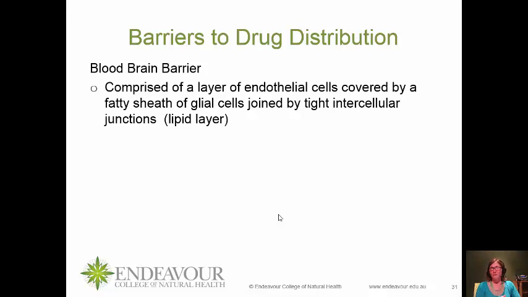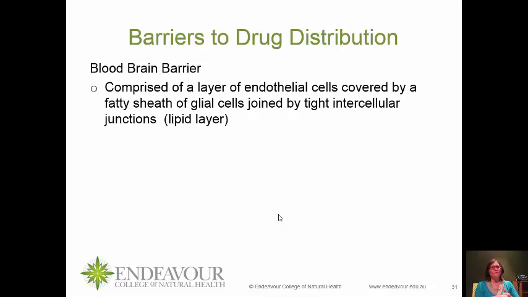And the blood-brain barrier is one of those major points where some drugs might be designed so that they cross easily. They are meant to have their action in the CNS, so they've been made more lipophilic to cross that really lipid-rich blood-brain barrier. This is more of a physiological barrier than an actual anatomical structure. We see that here in the capillaries and the arterioles at the brain, the endothelial cells just have much tighter junctions.